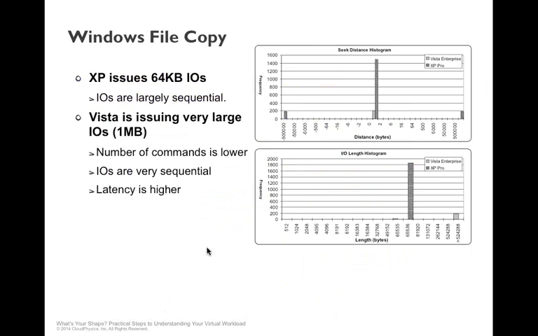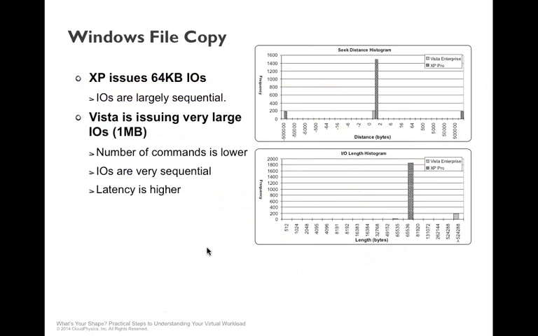Whereas Vista is issuing 1 megabyte IOs, so larger than 512K in this case, and I happen to know this, 1 meg IOs. And so the result of that is that it's obviously going to incur a much smaller number of commands to issue, but also that the IOs being very sequential, large reads and then subsequent large writes, allows very little seeking between the original location of the file and the new location of the file.